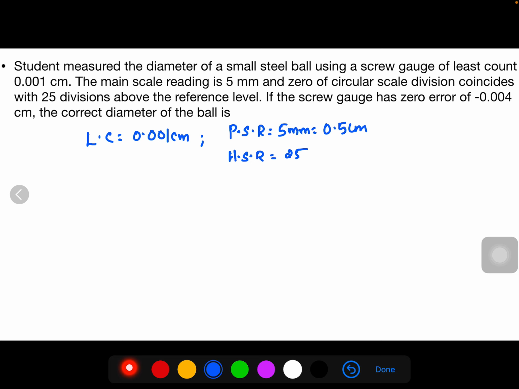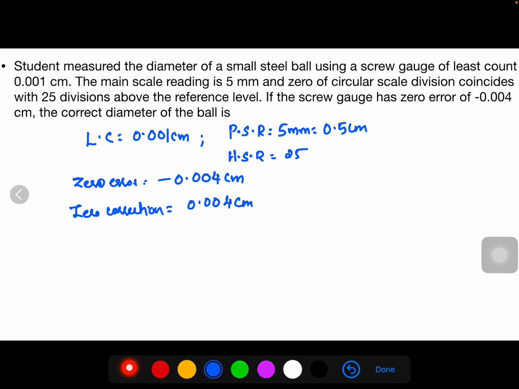If the screw gauge has a zero error of minus 0.004 centimeter, then the zero correction will be just the opposite of this value, that is plus 0.004 centimeter.